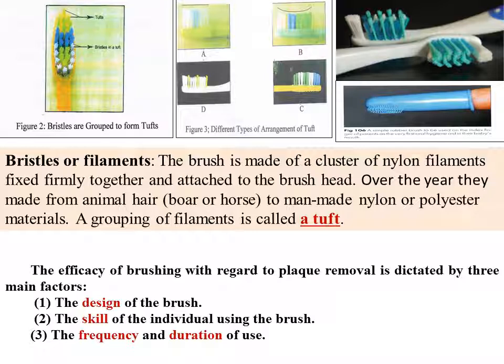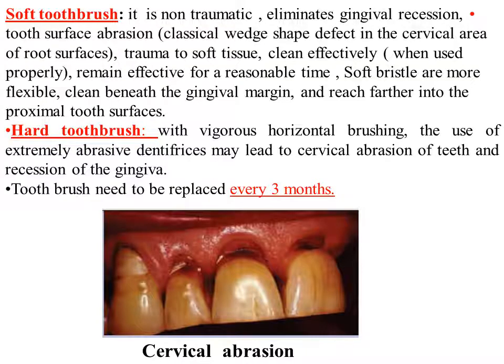The efficacy of brushing with regard to plaque removal is dictated by 3 main factors. Number 1, the design of the brush. Number 2, the skill of the individual using the brush. And number 3, the frequency and duration of use. Soft toothbrush.